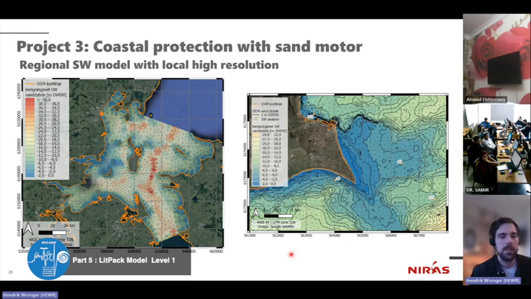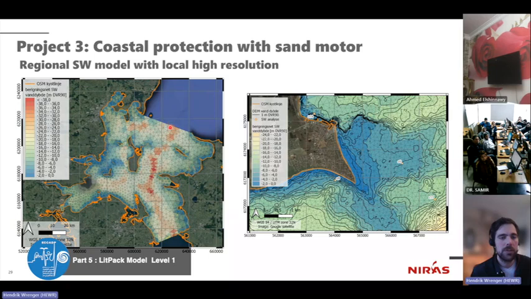Again, we set up the spectral wave model. In the inner waters, this time with an open boundary, we also included wave energy from a regional model. We are down here. It is mainly still wind-generated waves from two characteristic directions, one from the east and one from the southwest.